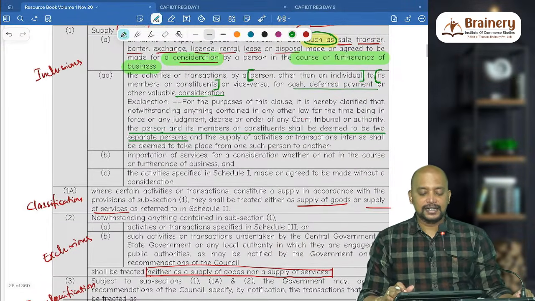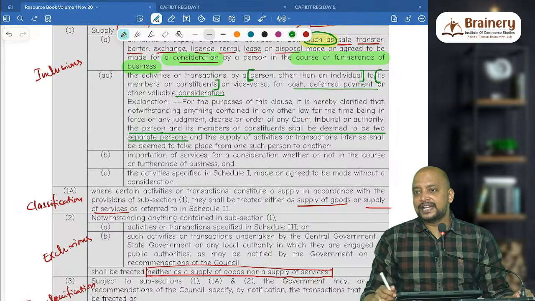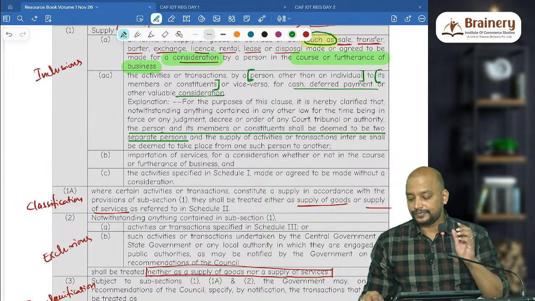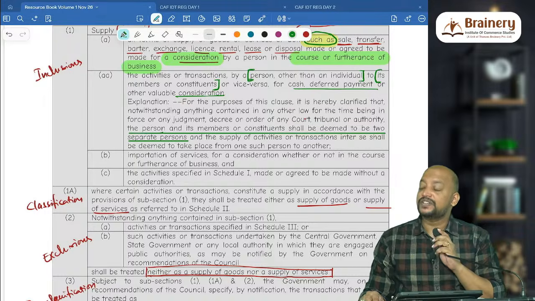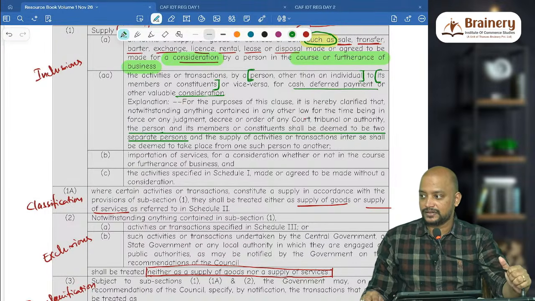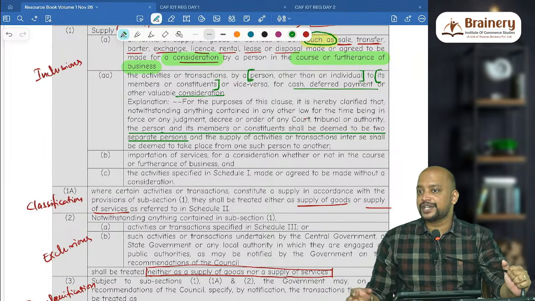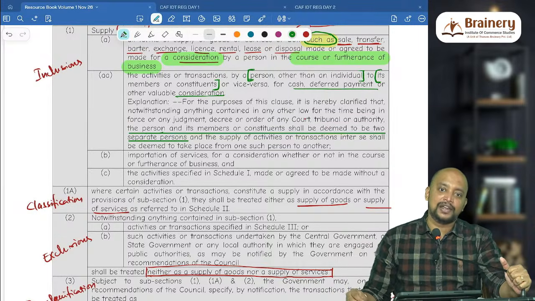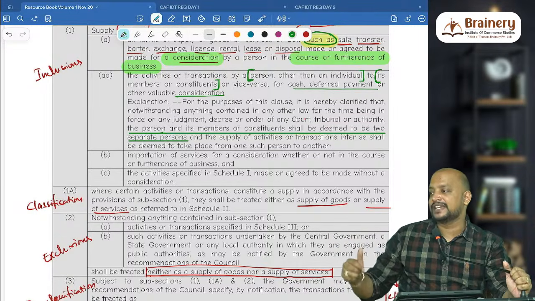Next. You understood 7.1a and AA? Look into 7.1b. Club, yes, for club or any other association or any other body, whatever membership fees that you pay, whatever subscription charges that you pay, all this will now come under 7.1AA.